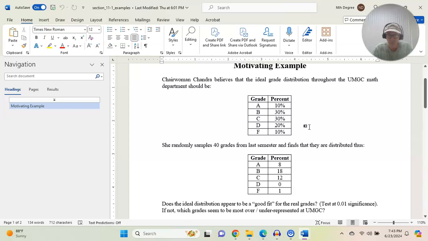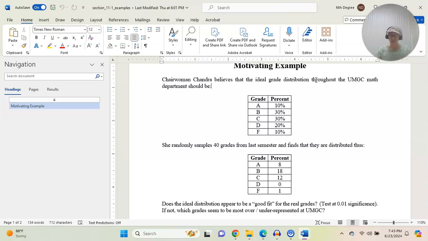But there comes a point where if this distribution is very different from the ideal, we can conclude that they're not a good fit at all. So, of course, that's what hypothesis testing is for, to determine if the difference between the actual and the ideal is just due to acceptable sampling error.